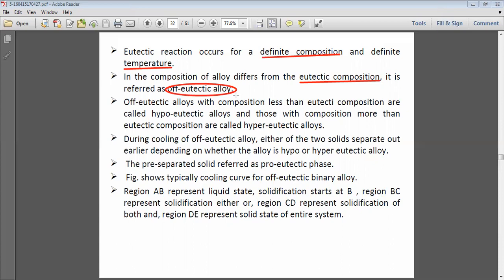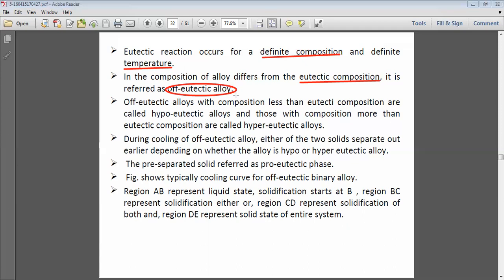Off-eutectic alloys with composition less than the eutectic composition are called hypoeutectic alloys, and those with composition more than the eutectic composition are called hypereutectic alloys. So now we have two categories, hypoeutectic and hypereutectic.